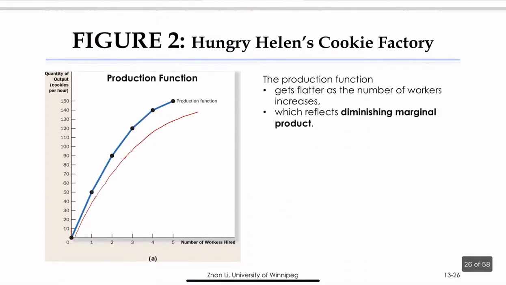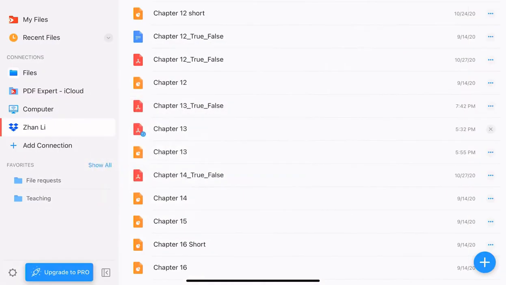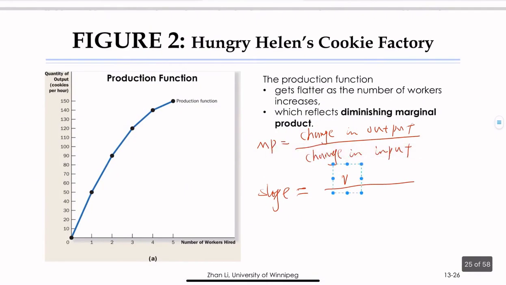If you think about the definition of marginal product, it's the change in output and the change in input. And now, what is the definition of a curve's slope? The definition of slope is rise over run.